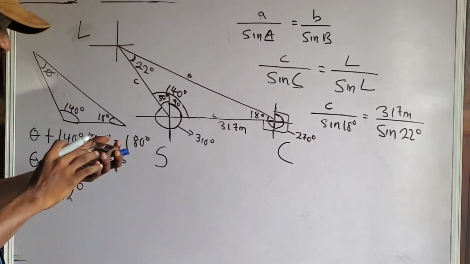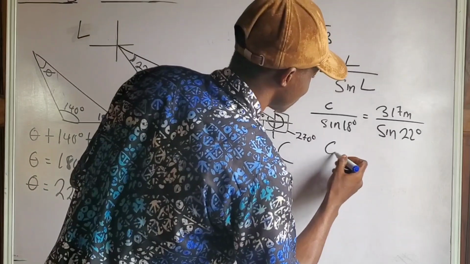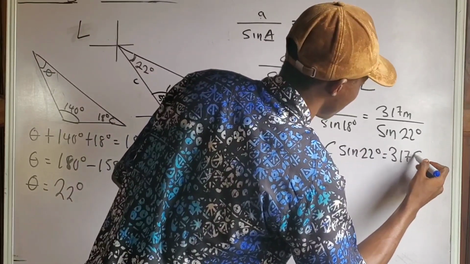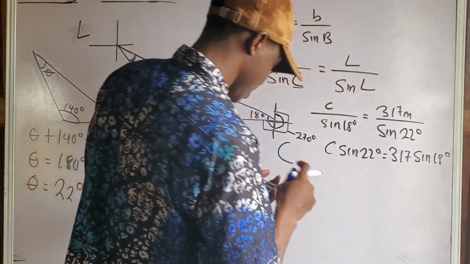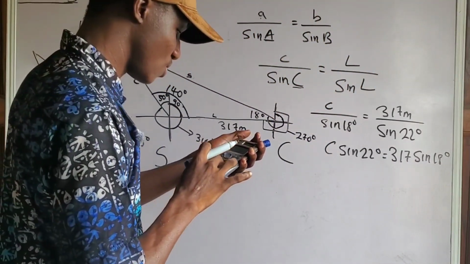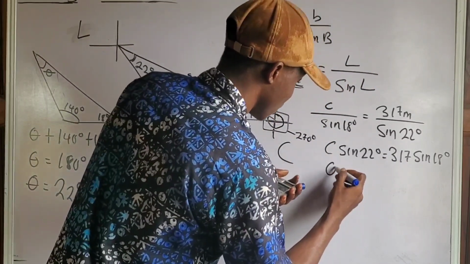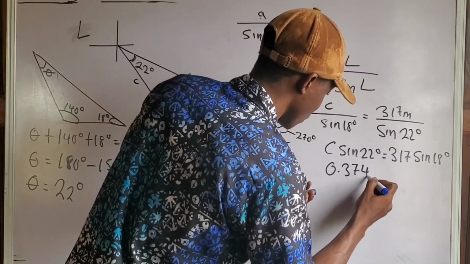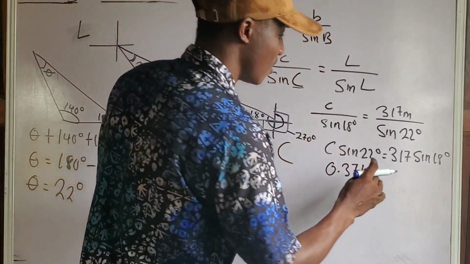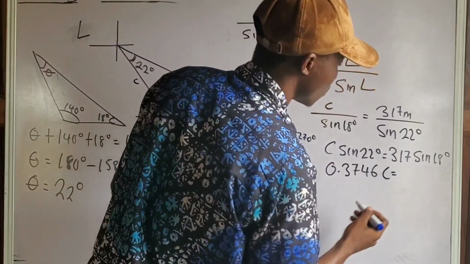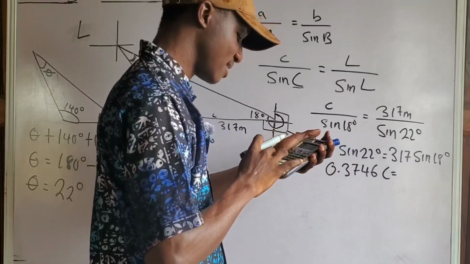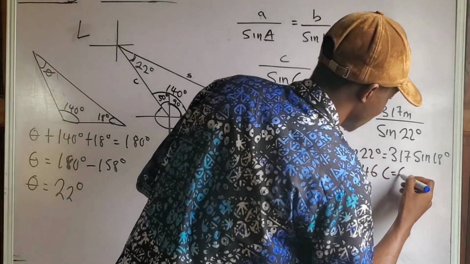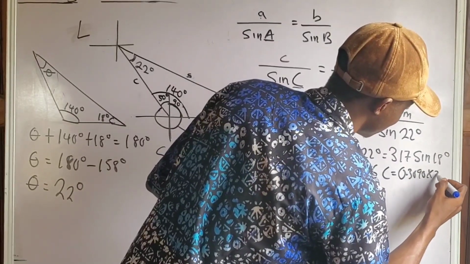Now, let's cross multiply. I'm going to have c sine 22 degrees equals what? 317 multiplied by sine 18 degrees. Sine 22 is equal to 0.3746, multiplied by c, equals sine 18 degrees, which is 0.3090, times 317.